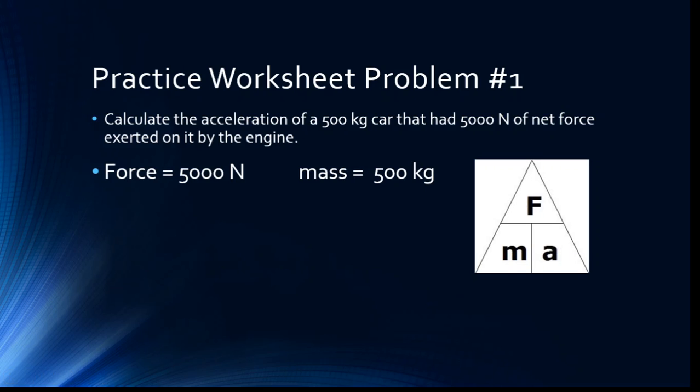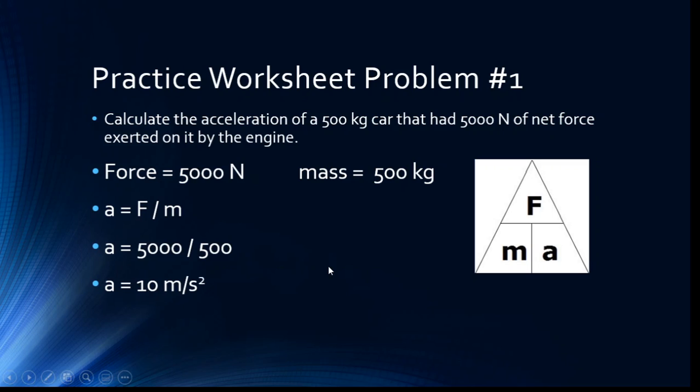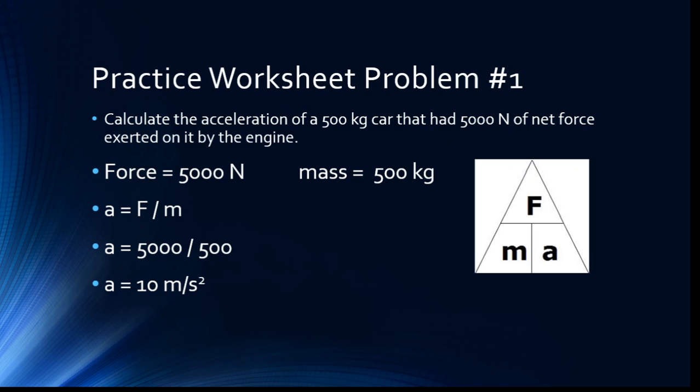Those are my givens, and that's my equation. I use this triangle to figure out how to calculate acceleration. So you're just plugging and chugging: 5,000 divided by 500, and your acceleration is in meters per second squared. You end up with 10 meters per second squared, and that's your answer. Go ahead and try those.